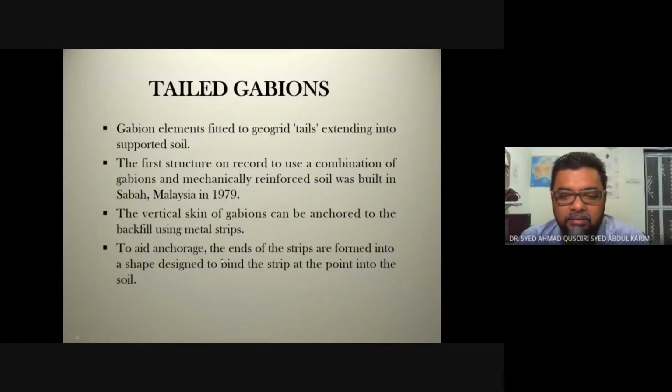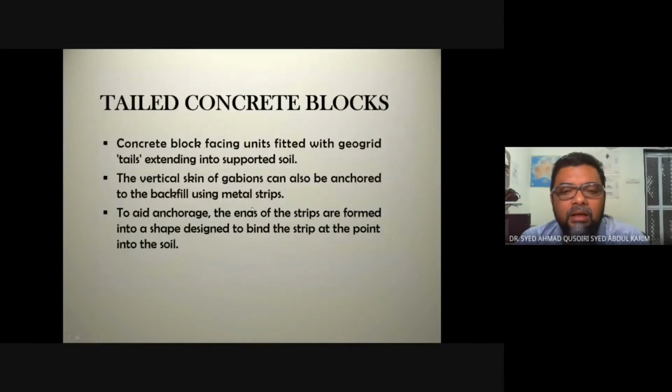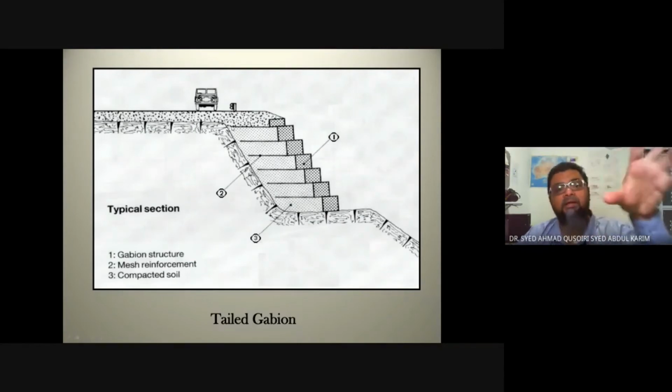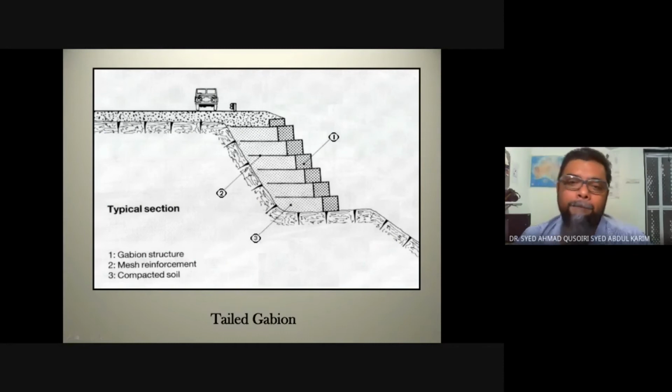To aid anchorage, the ends of the strip are formed into a shape designed to bind the strip in the soil. So you can see that these are the gabions. Normally, it will just be stacked directly at the slope. But this time, they move the gabion forward, and then they have mesh reinforcement extended from the gabion into this area.